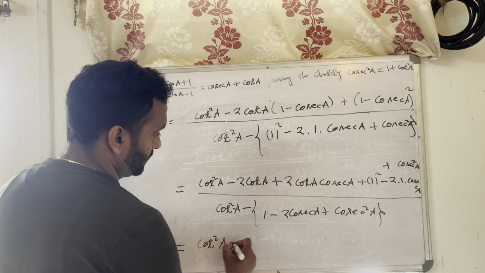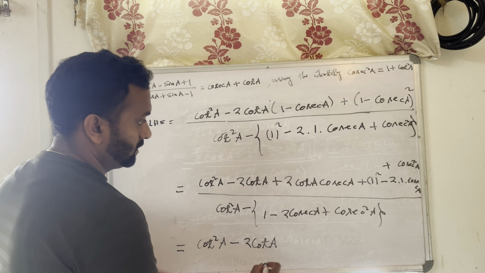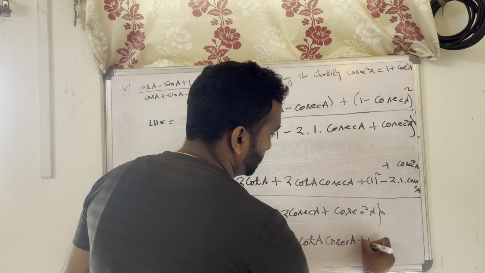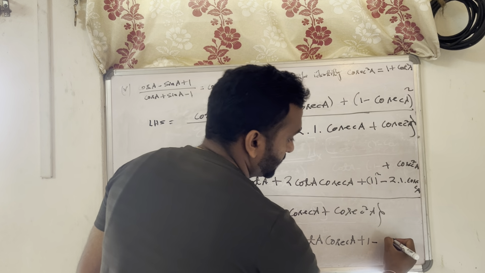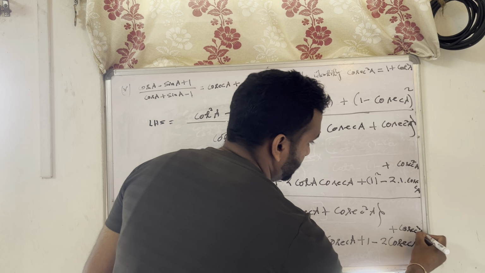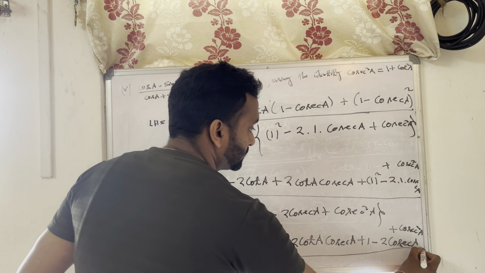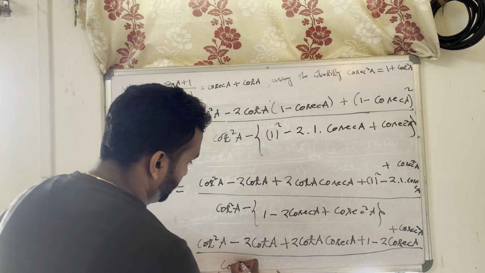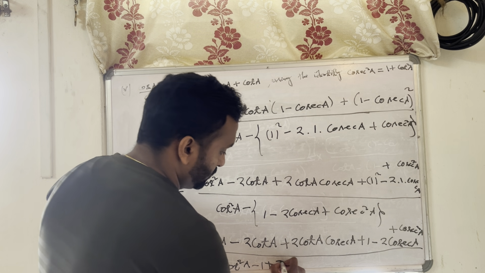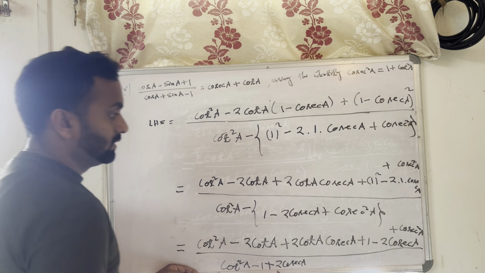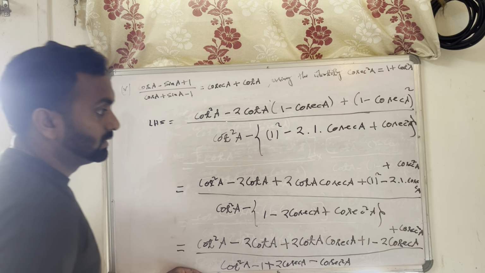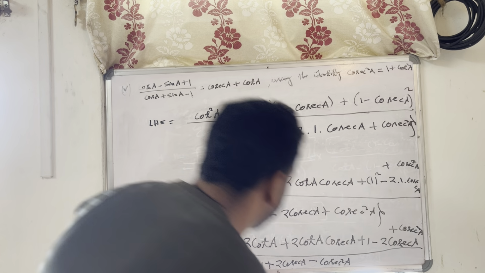So it will be cot square A minus 2 cot A plus 2 cot A cosec A plus the square of 1 which is 1, minus 2 cosec A plus cosec square A, divided by, simplifying further, minus 1, then plus 2 cosec A, then minus cosec square A. Okay, let's simplify further.